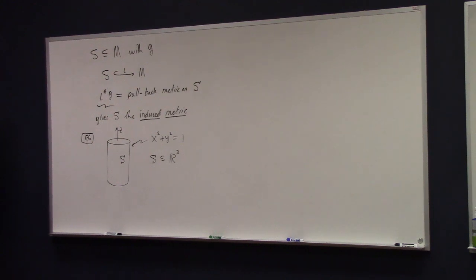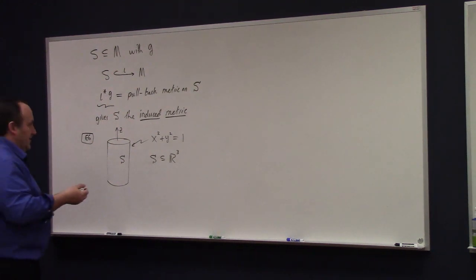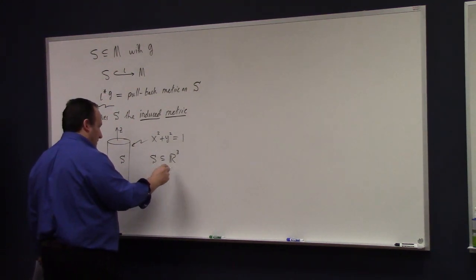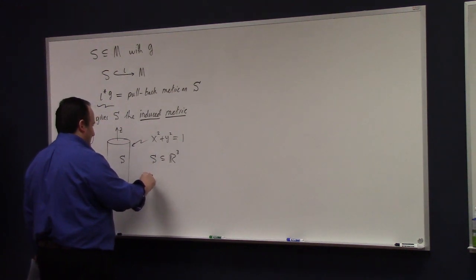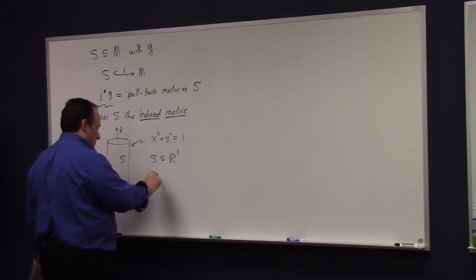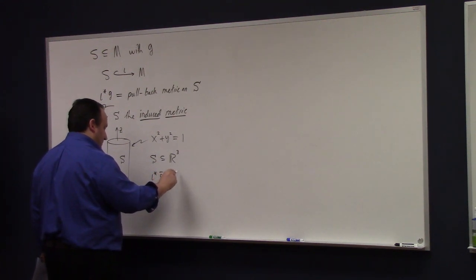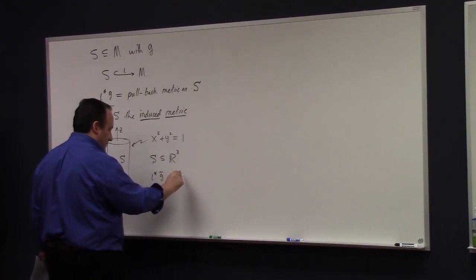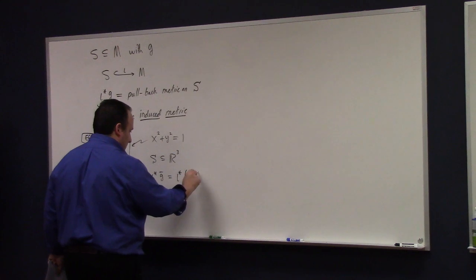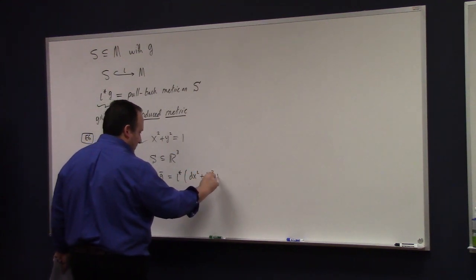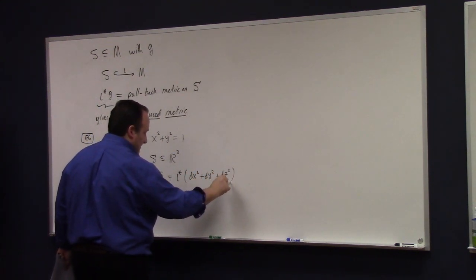Okay. Can I pull back under the inclusion map g-bar? That would look like what? We'd have the pullback of dx squared plus dy squared plus dz squared, right?